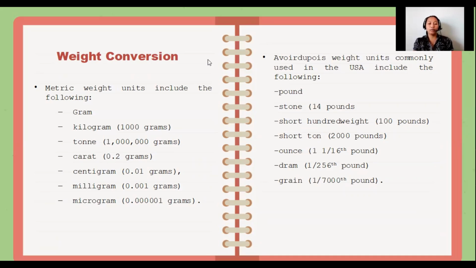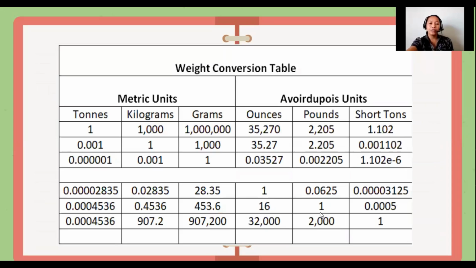And 1 grain is equivalent to 1/7,000 pounds. So this is also the weight conversion table in metric units and in avoirdupois units, from tons, kilograms to grams, and ounces, pounds to short tons.